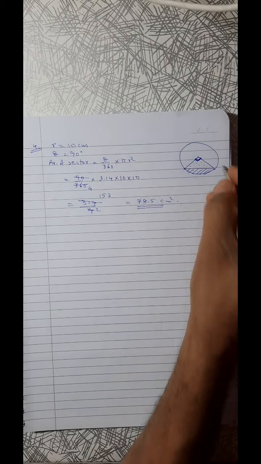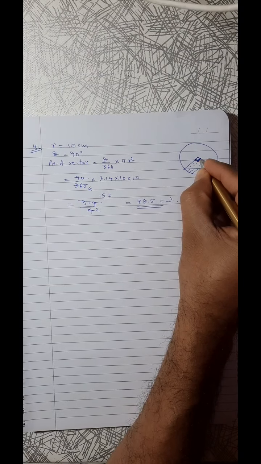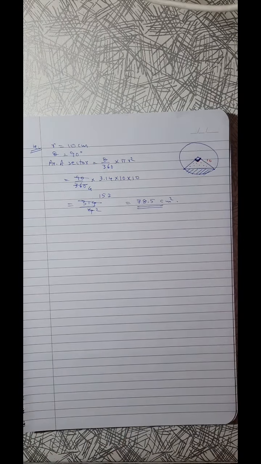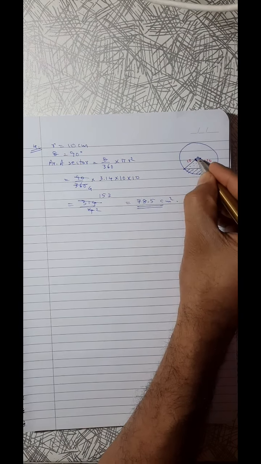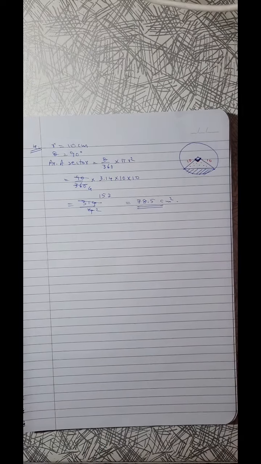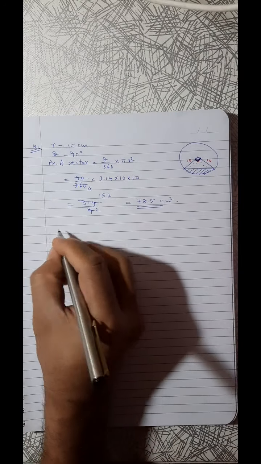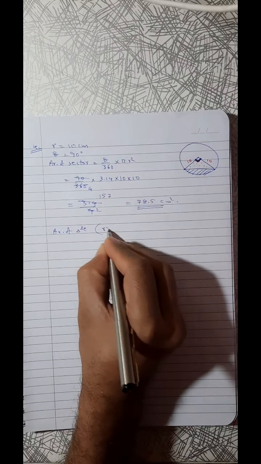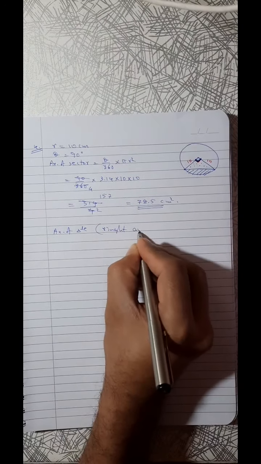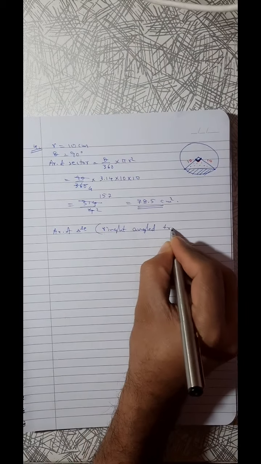Radius is given as 10. Angle is given as 90 degree. If this is a 10, radius is 10 means it is also 10. Base, height, area of triangle. Here the triangle is a right angled triangle.